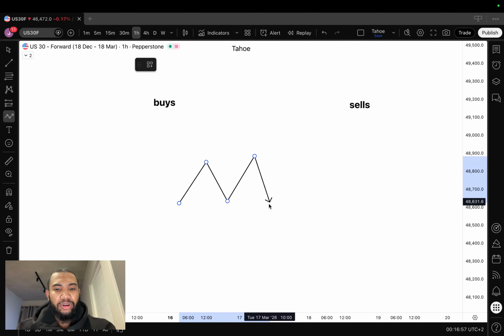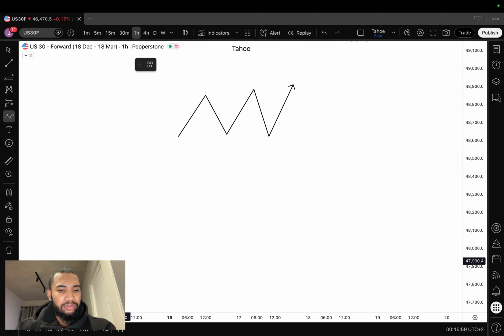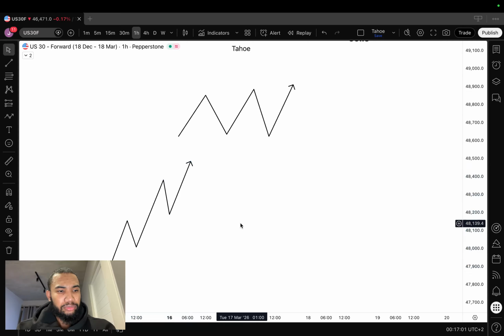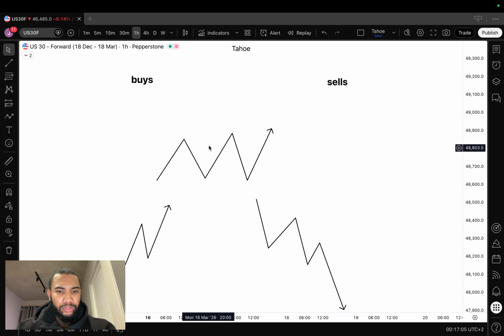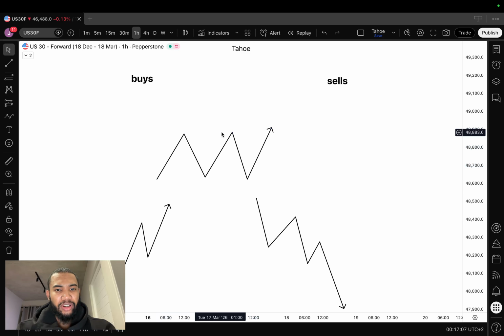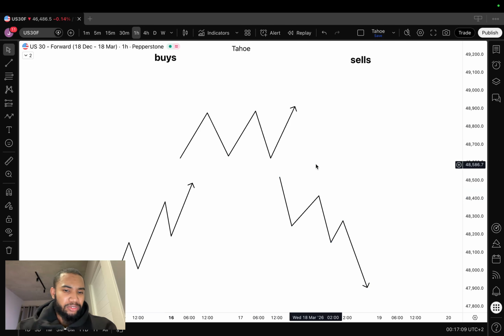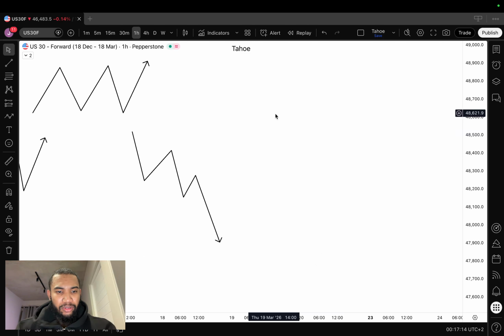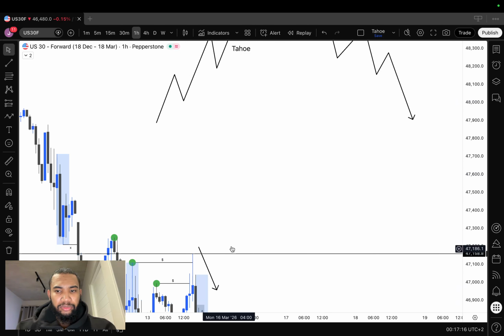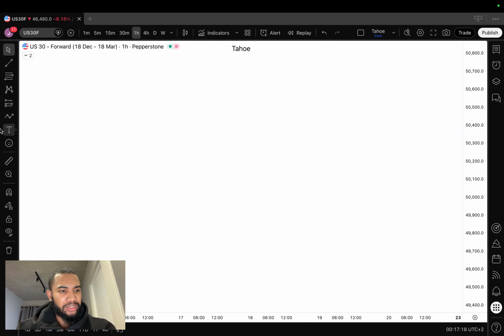We have ranging markets, we have trending markets. The ranging market we can define as consolidation, but I would say these are the three major market types.